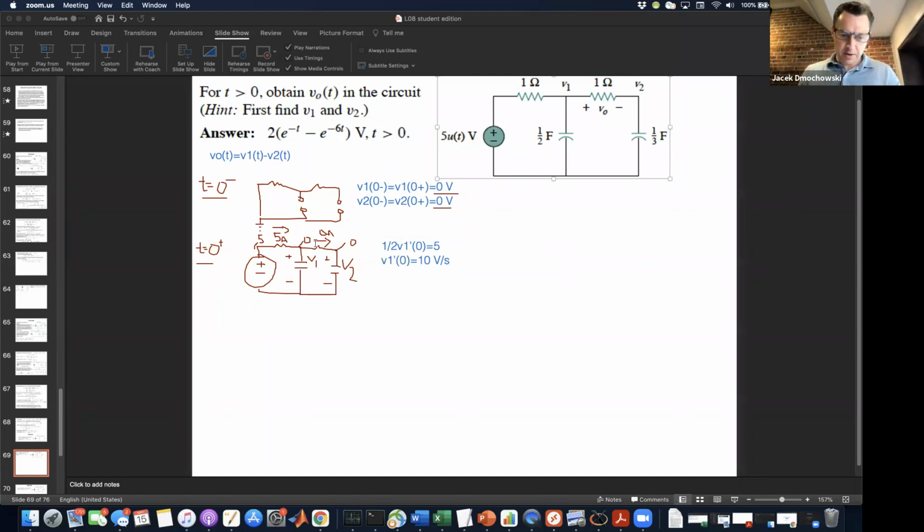And by a similar argument, there's no current flowing along the outside. And so we have that V2 prime 0 has to equal 0 volts per second. So now we have our initial derivative. And then lastly, let's draw the circuit at time equals infinity. So we have a circuit that still includes the battery, but now the capacitors are both open circuited.